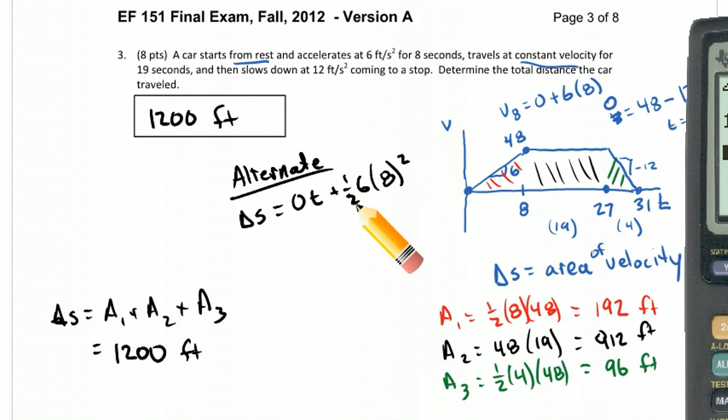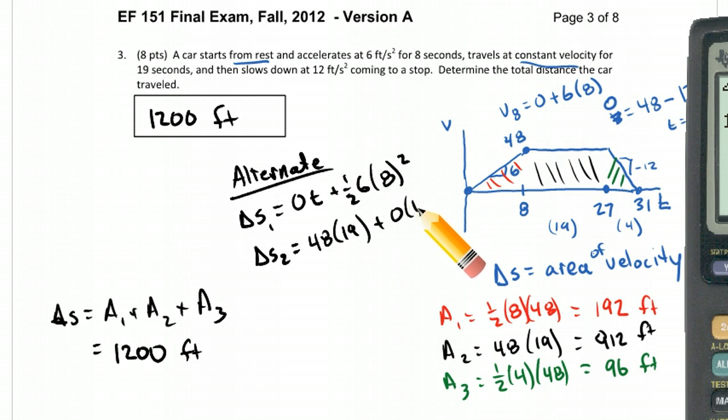Okay, 64 times 3 is 192. Okay, I know my second part. I would have still had to calculate that velocity. It's 48. I'll just work each one separately. So delta S would be my velocity, 48 times 19 plus 0t. Okay, so you can see that comes out the same.